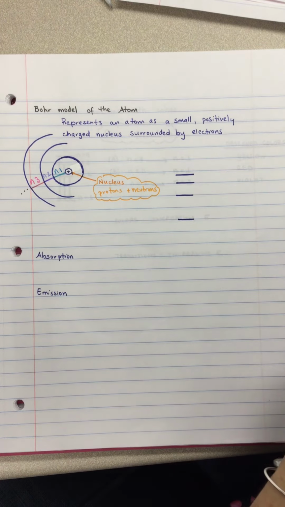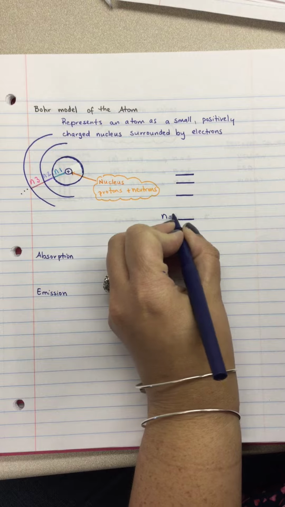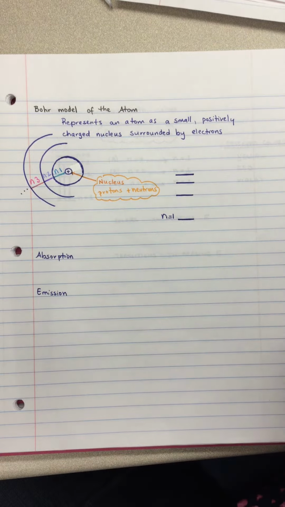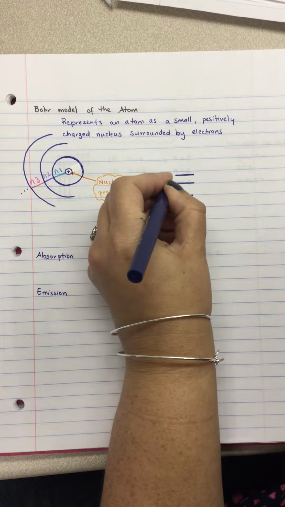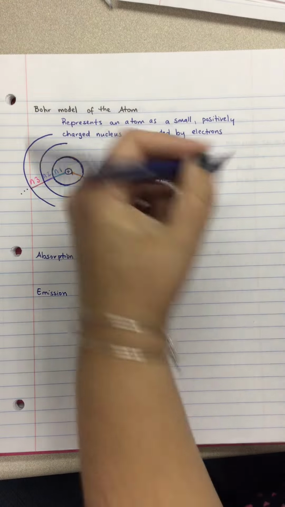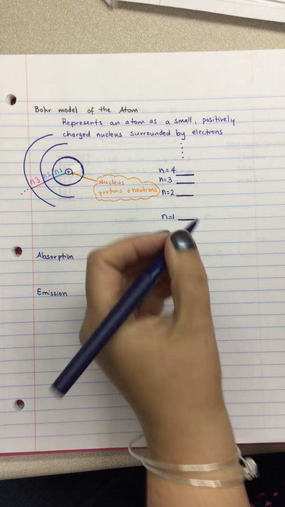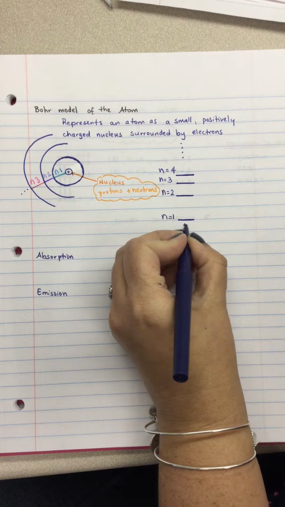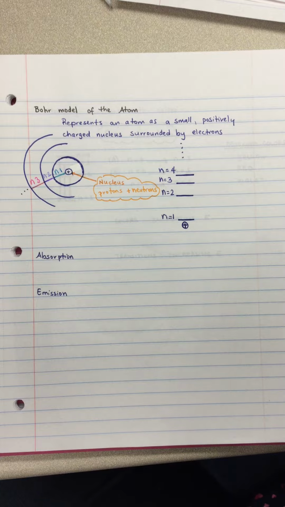So I'm using the first line right here as my N1, first energy level. Then we have N2, N3, and N4. And we can continue adding different energy levels. If this is the first energy level, it means that it's the one that is closer to the nucleus of the atom, or closer to the protons and neutrons.